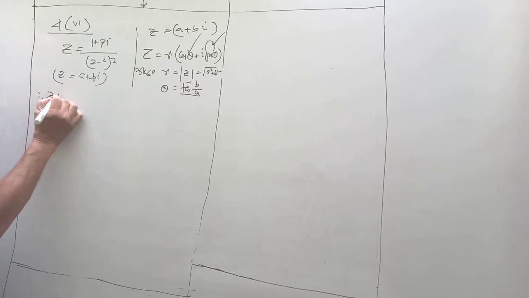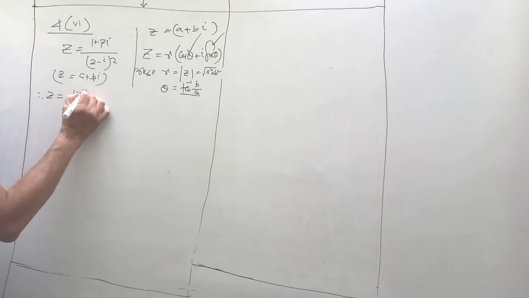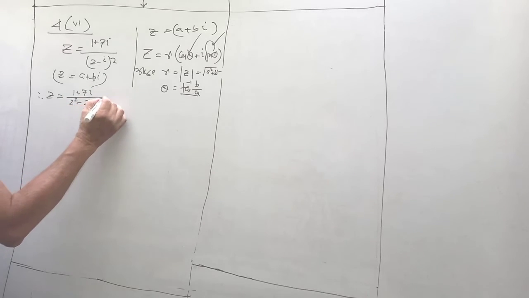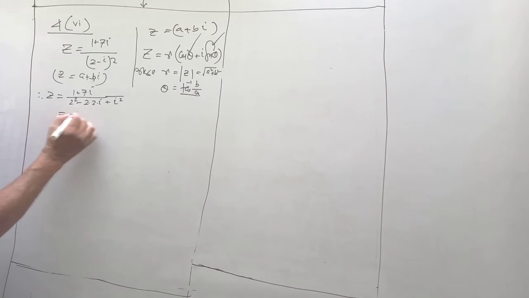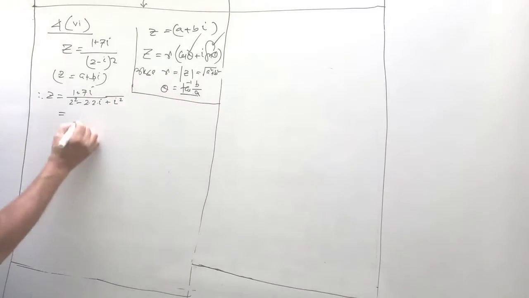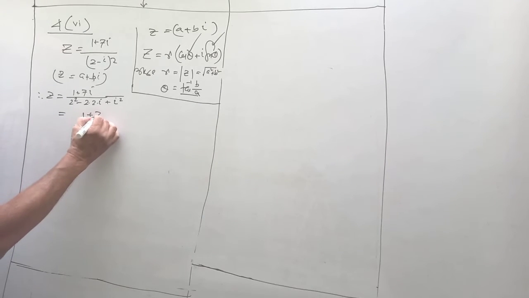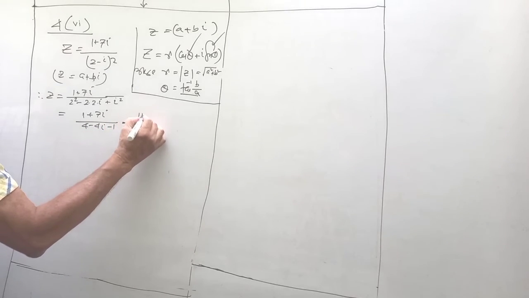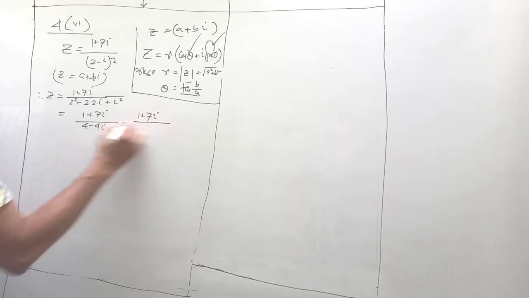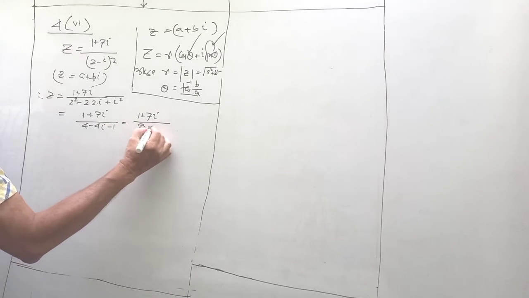Now z equal to (1 + 7i) divided by (2 − i)², and (2 − i)² is 4 − 4i − 1, equal to 3 − 4i.